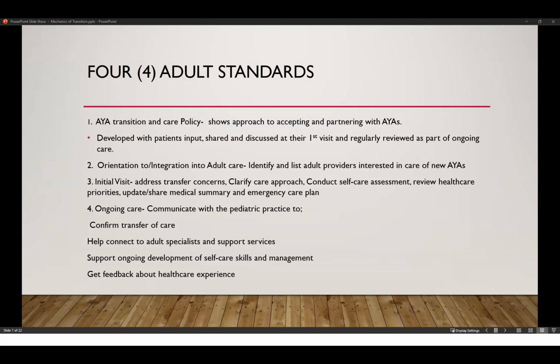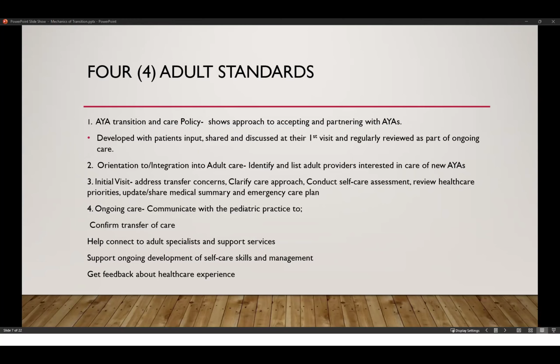The next part of it is orienting to or integrating the patient into adult care. For you to transition successfully, there should be providers that are interested in taking care of patients with sickle cell disease, so there should be a list of providers that are ready to take on this responsibility.